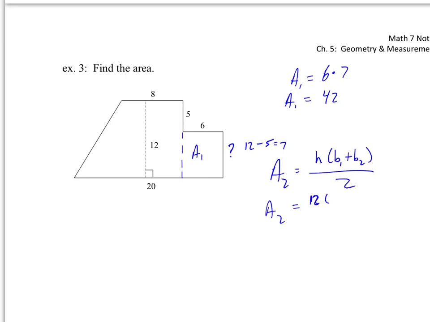Base 1 is 8. So that's this top one here. Good. How big is this one from here? It's 20 minus 6, because this is 6 here, right? So it's 14.